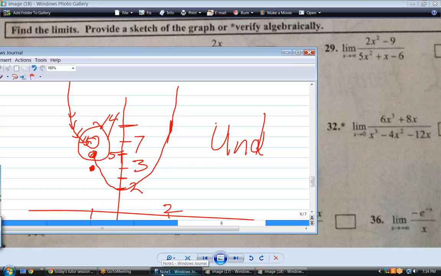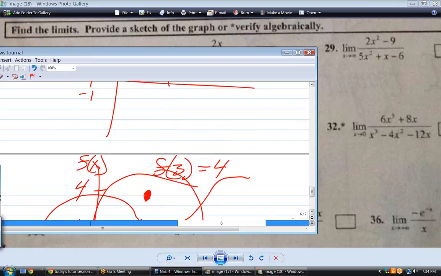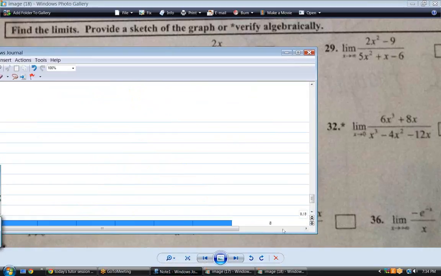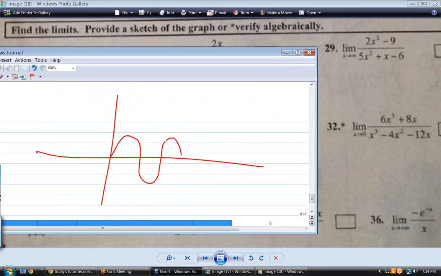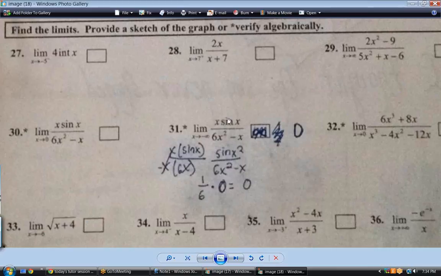As you go to infinity, it just keeps vacillating between 1 and minus 1. So that's always going to be between 1 and minus 1, but this goes to infinity faster than this does. So this goes to 0.